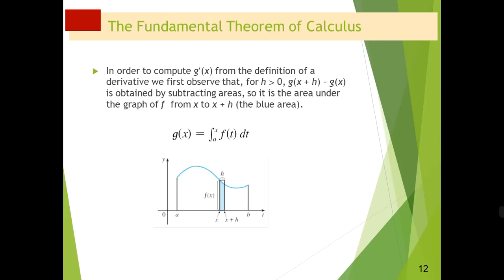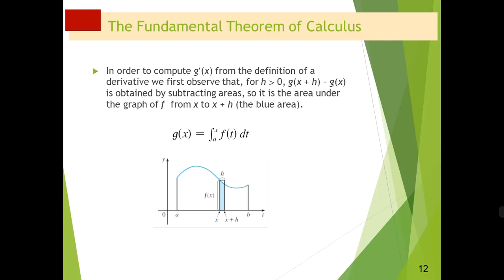Now look at this picture. The difference G(x+h) minus G(x) is simply the area between x and x plus h. This difference, for any positive h, is the area between x and x plus h.